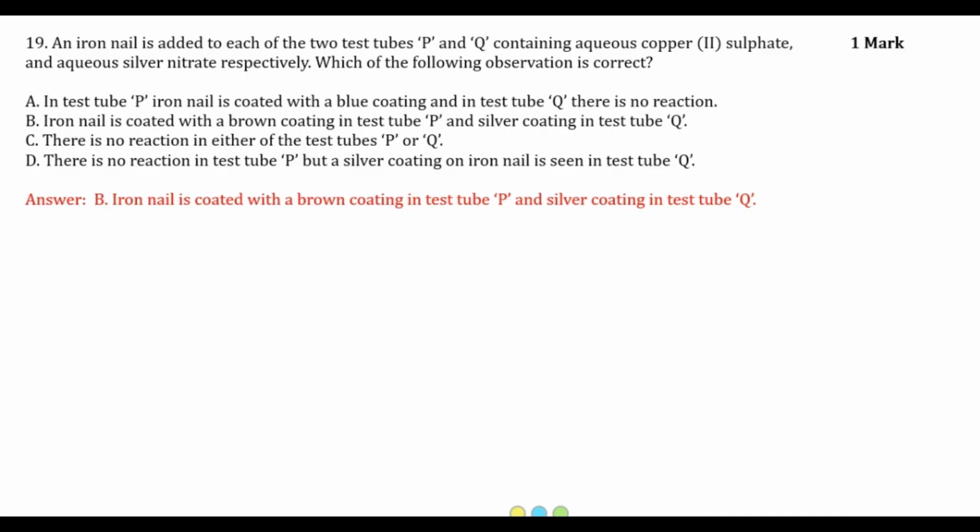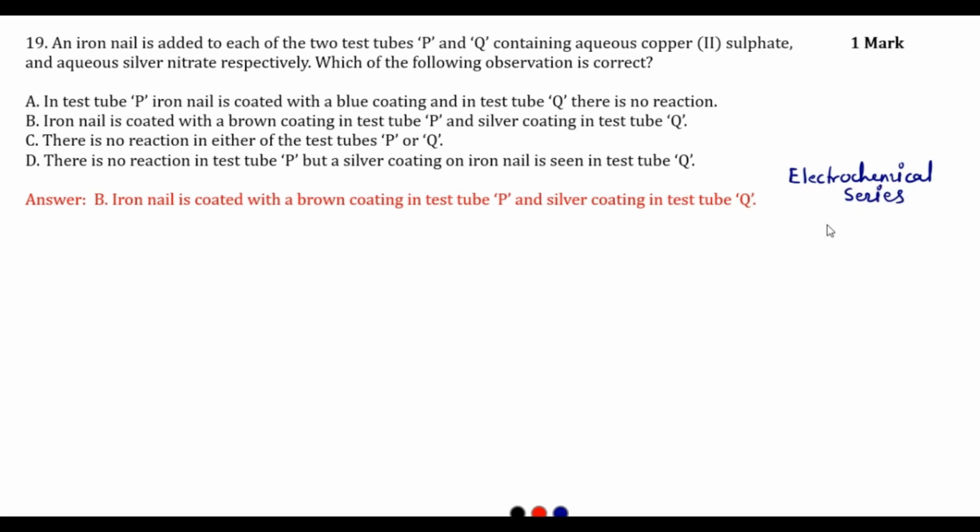Let me write the electrochemical series here, which will help us solve this question. It is already given in the NCERT book.